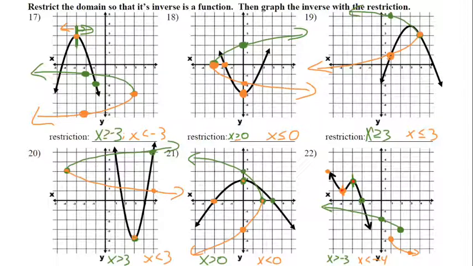That would be -4 is my lower bound, so -4 less than x, less than -3, and that would give me this portion in the middle. All right. So all 3, whether it be the orange, the red, or the green, any one of those 3 by itself would be a function.